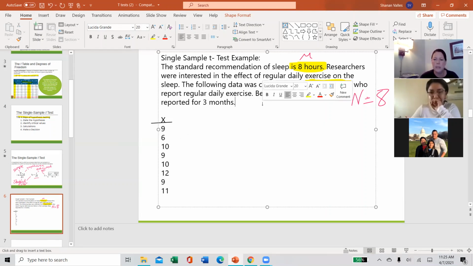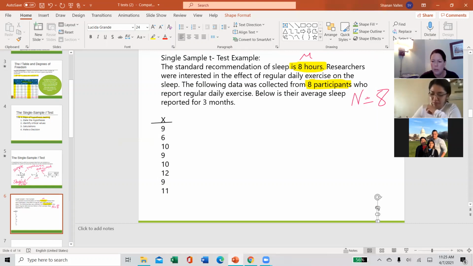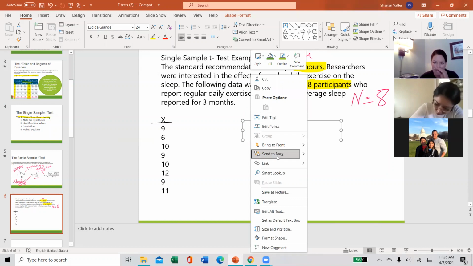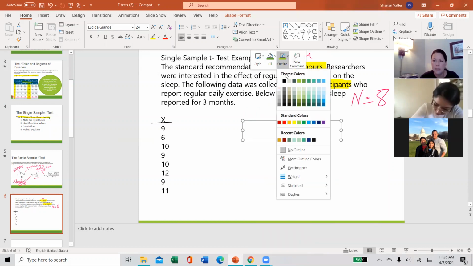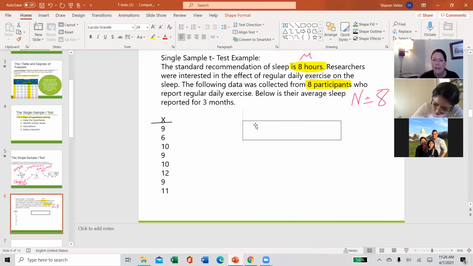Oh my gosh. Why is it doing that? Oh, here we go. Okay. Finally. I'm going to put the outline on it too, just so I can see it. Okay. All right.